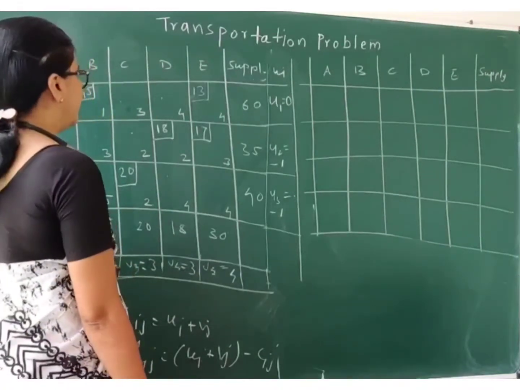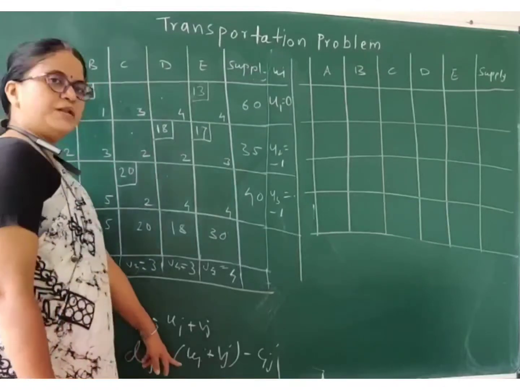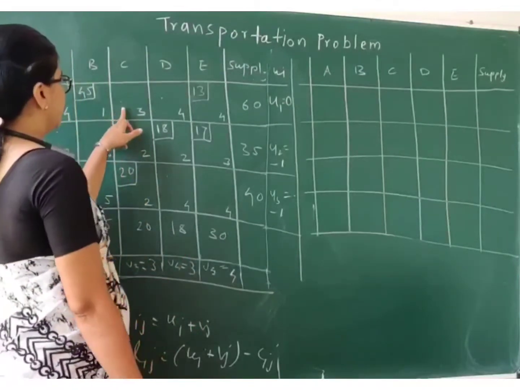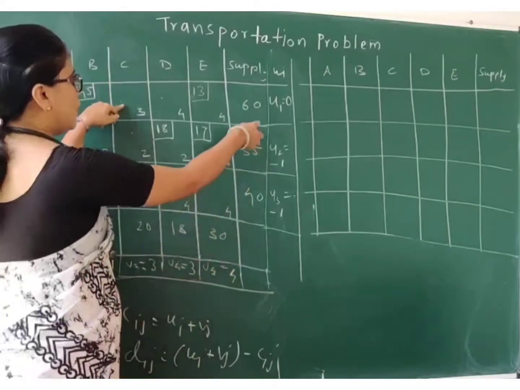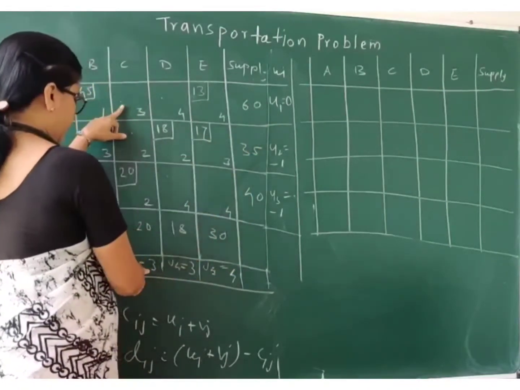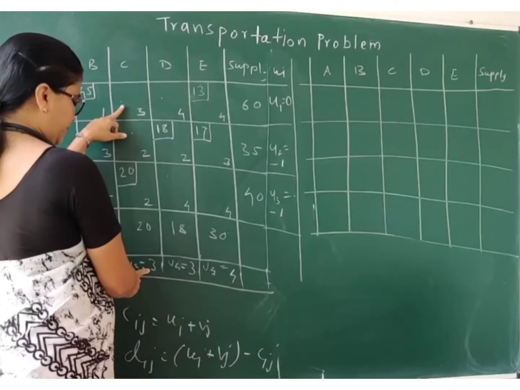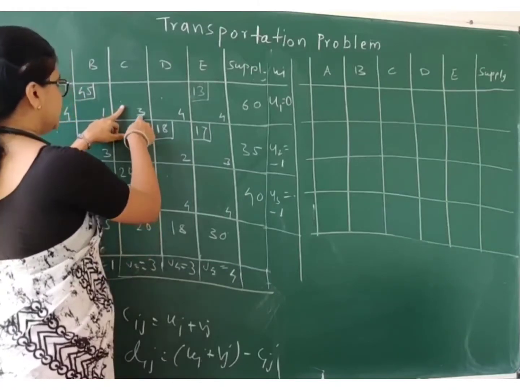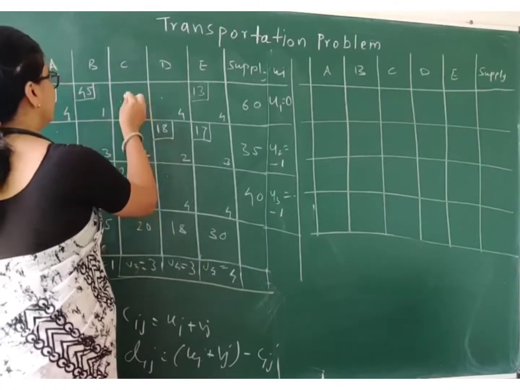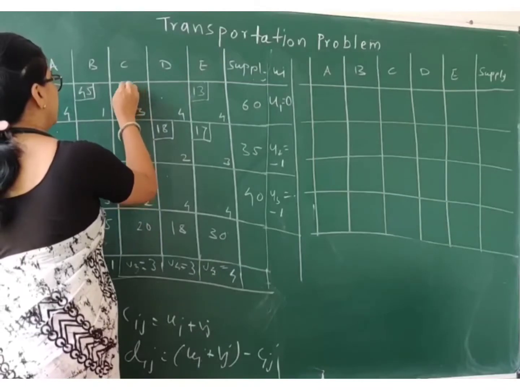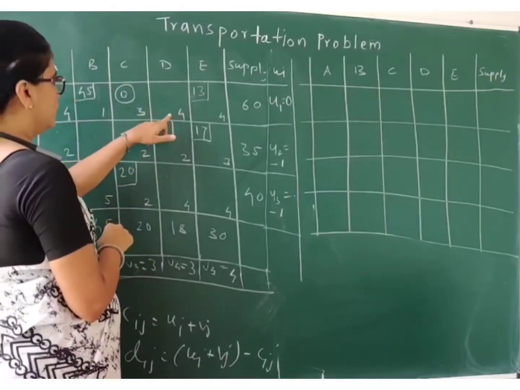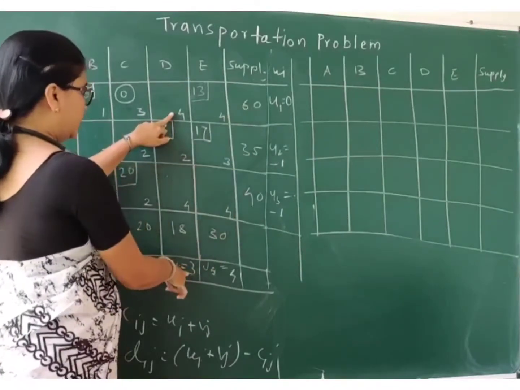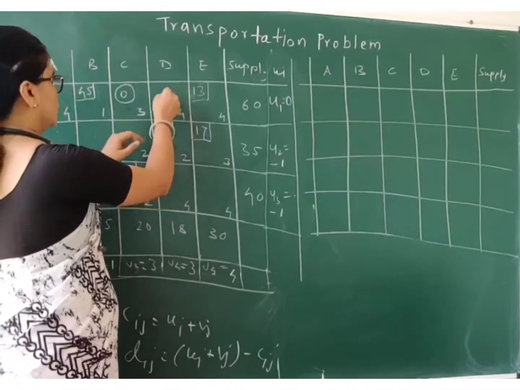So let me find the value. Ui plus Vj minus Cij. Here Ui is 0 and Vj is 3, so 3 plus 0 is 3, minus Cij, that is minus 3. Hence over here we get the value of Dij as 0. Now for this cell the value is 3 minus 4, so it is negative.